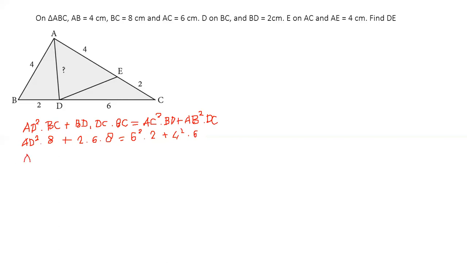So 8 AD squared plus 2 times 6 times 8, which is 96, equals 72 plus 96.